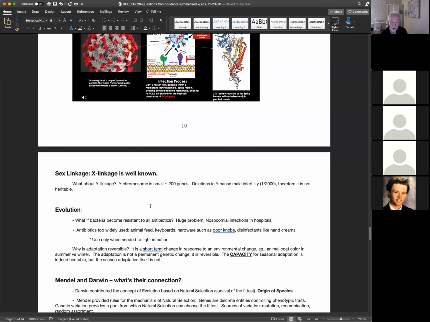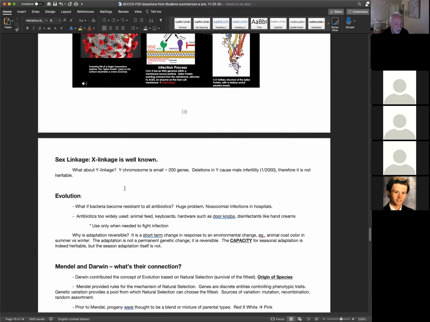And that occurs about once in every 2,000 men. They're male infertile. Therefore, it's not heritable. So when a mutation occurs in Y, that's the end of the road for that chromosome. It's not going to be inherited because it causes infertility. So there are very few Y-linked traits for that reason. So thank you, whoever asked that question, because it raises an interesting point.